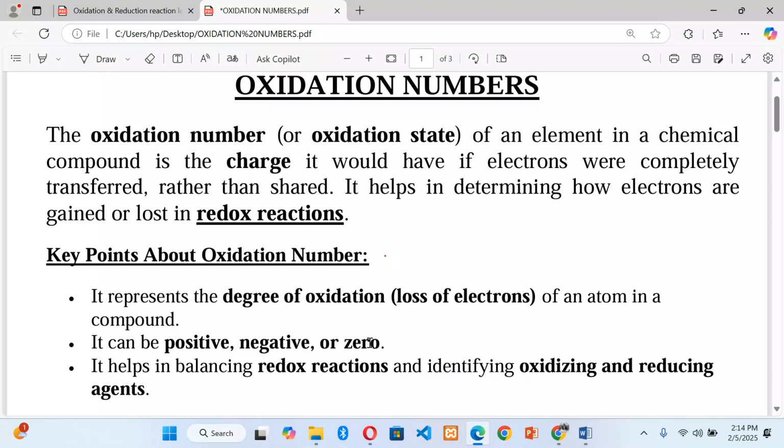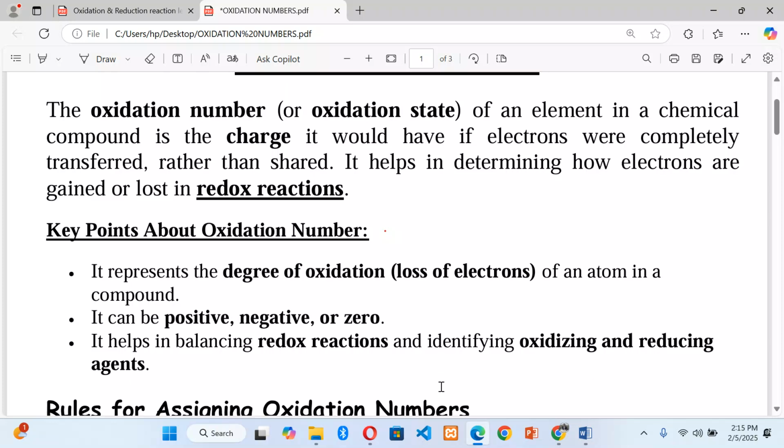We shall look at that as we look at some examples. It also helps in balancing redox reactions and identifying oxidizing and reducing agents. So that is the importance of oxidation numbers.